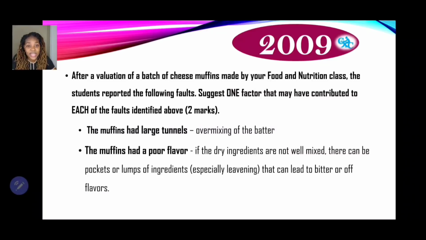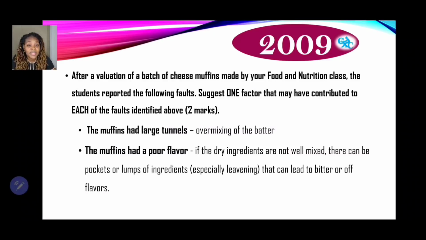Now, as it relates to the muffins having large tunnels, one suggestion that could have caused or contributed to this problem is the overmixing of the batter. So overmixing of the batter, then the gluten will develop in those muffins, and therefore the finished products will what? Have large tunnels. Good.